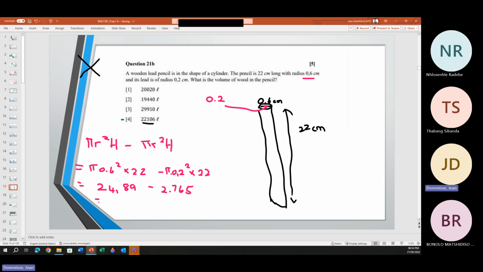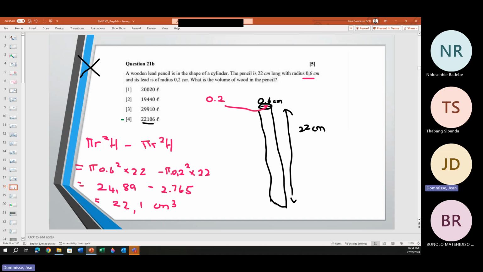So when you work those two out, we get 22.1 centimeters to the power of 3.